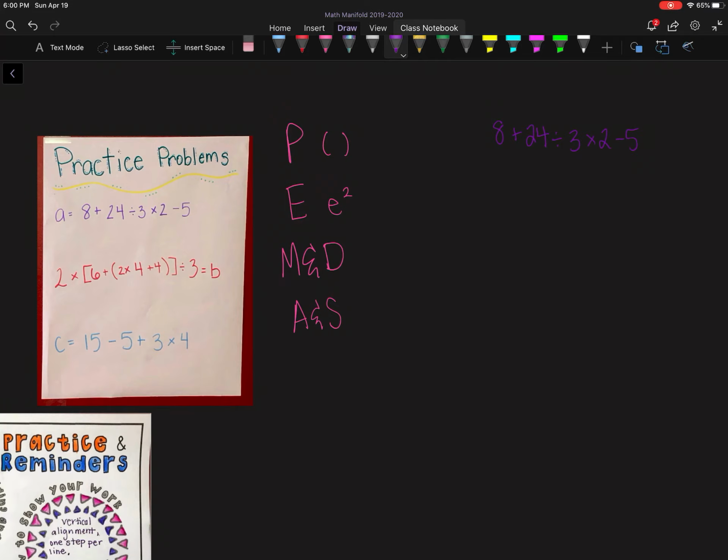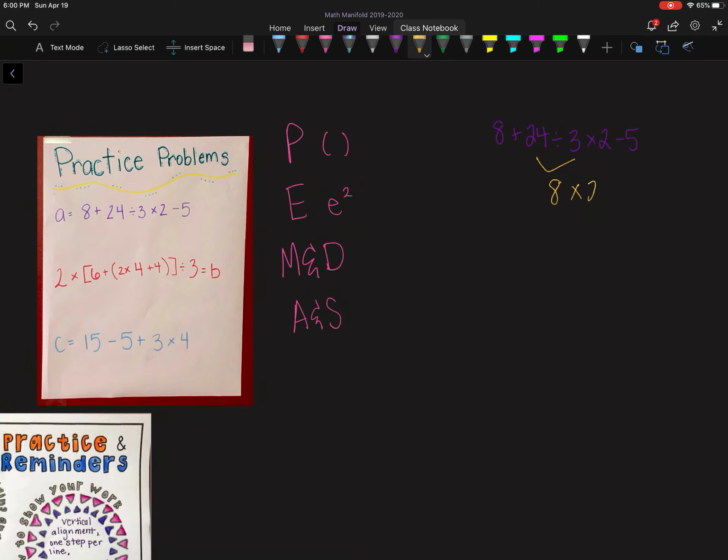So when I look at my problem, there's no parentheses, no exponents, so I'm going to move on to multiplying and dividing and working from left to right. In this case, division comes first. So I always put a little arrow to show the steps that I'm doing first. And 24 divided by 3 is 8.